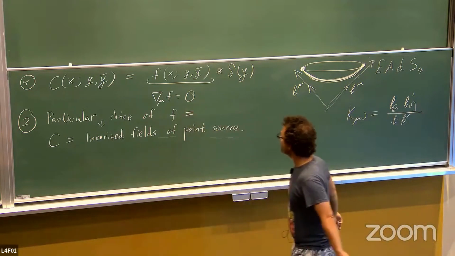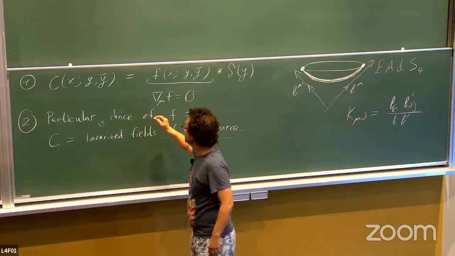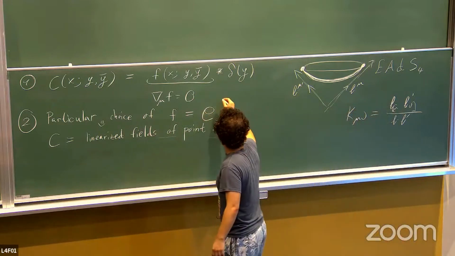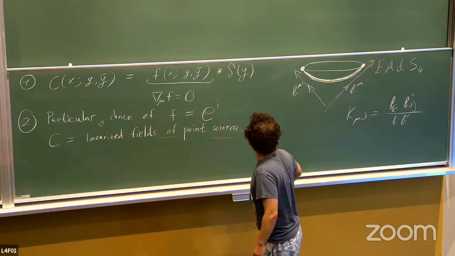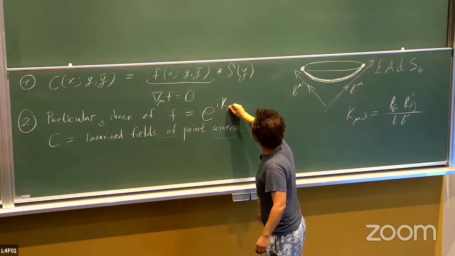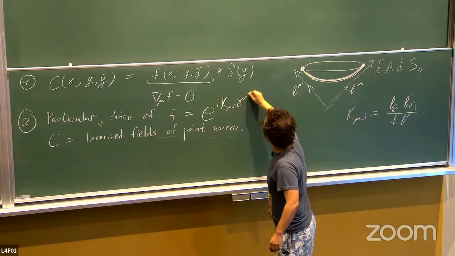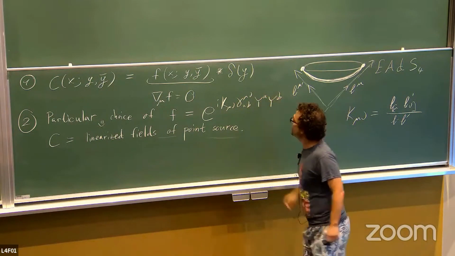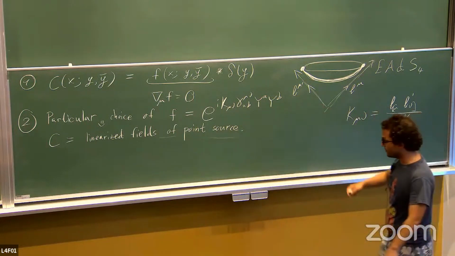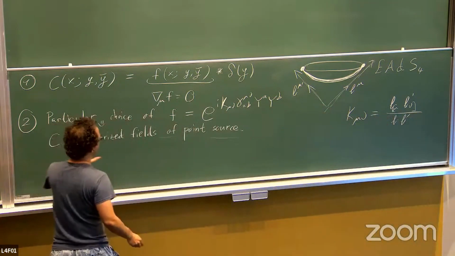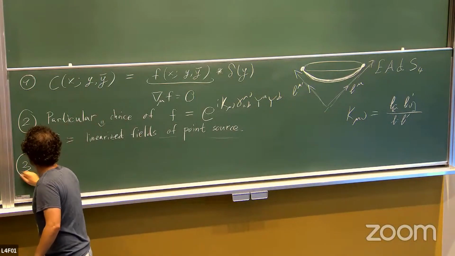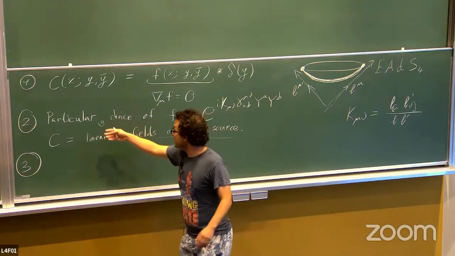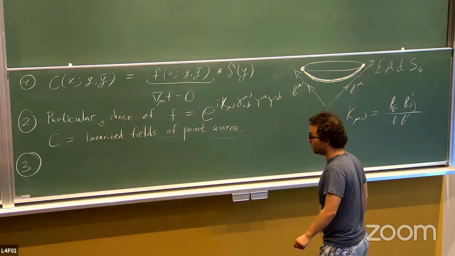And so the choice of function that gives us the linearized fields of this point source is roughly the exponent of this generator transformed into twistor indices with gamma matrices, times 2 twistors. So this gives us linearized fields, which in particular can be thought of as a linearized version of a black hole solution.